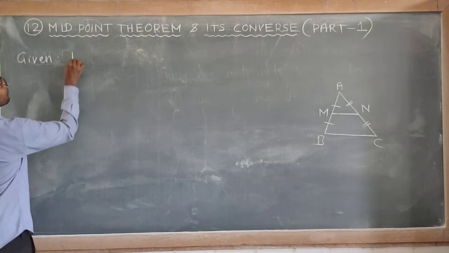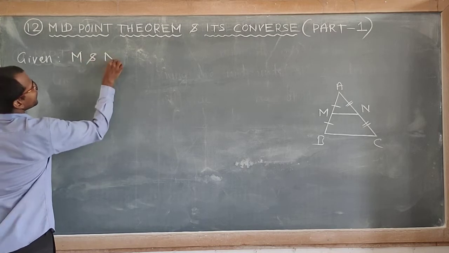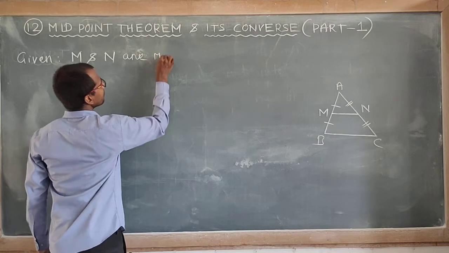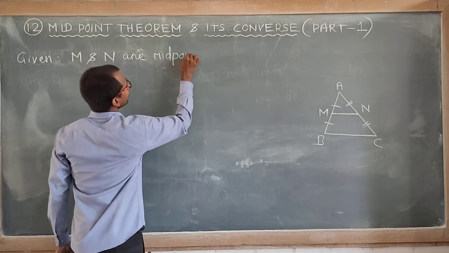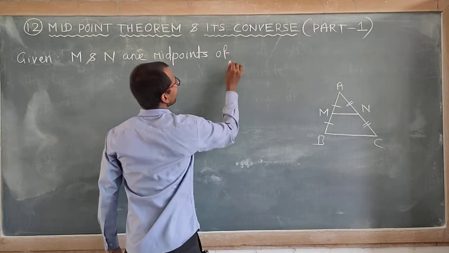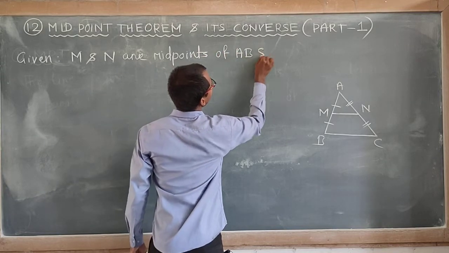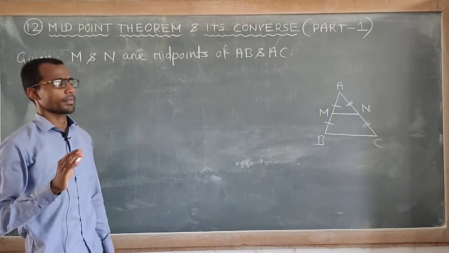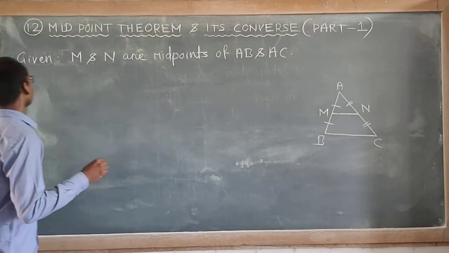Given: M and N are midpoints of AB and AC.